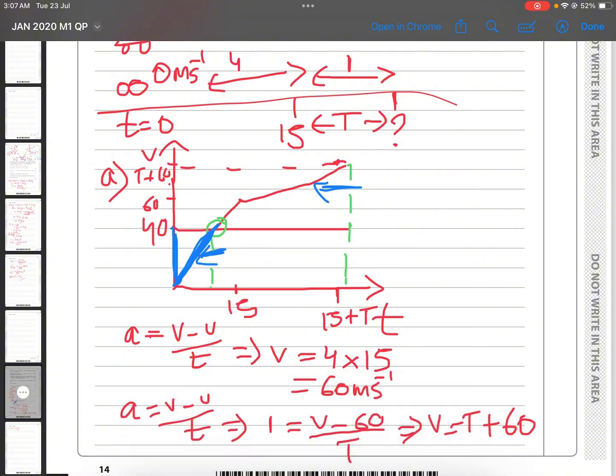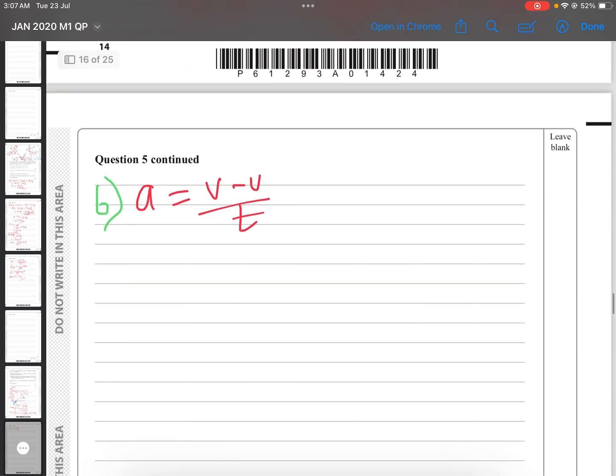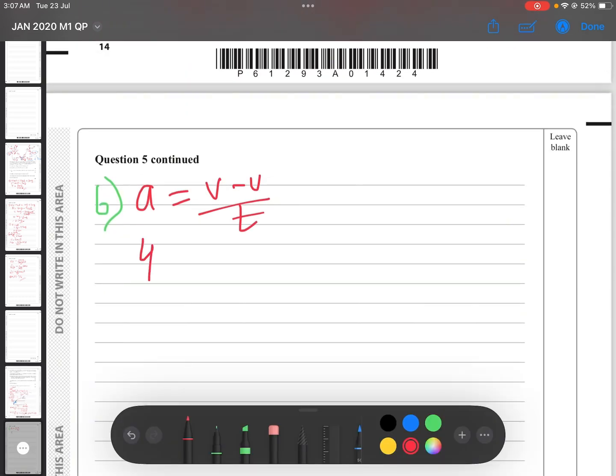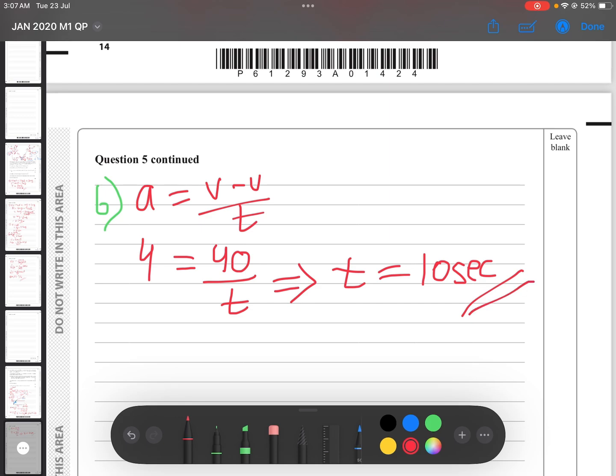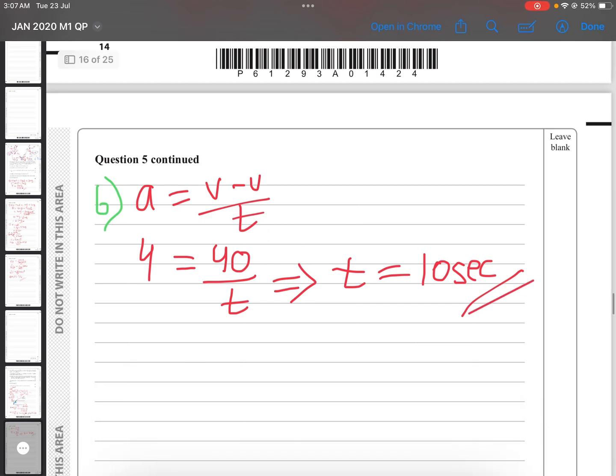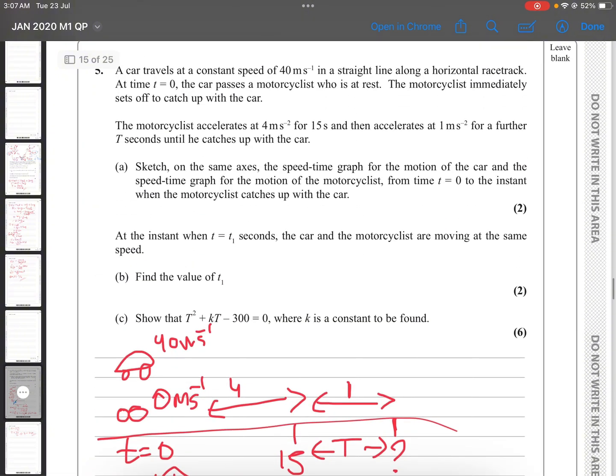So acceleration was 4, my final velocity was 40, my initial velocity was 0 because it was at rest, and this is time t. Moving on, t equals 40 divided by 4, that is 10. So the answer is at 10 seconds, they travel with the same speed. Moving on to part C.